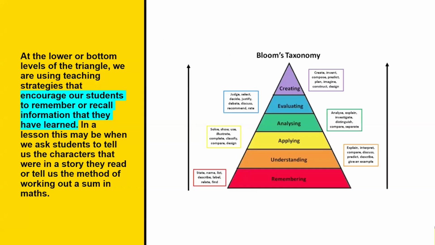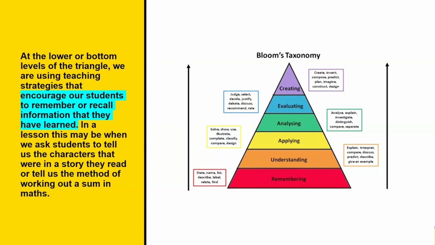Let's think of it as a ladder, as it is showing on our screen, with 6 rungs, where each rung represents a deeper level of thinking. It starts with remembering, and as it moves higher, it ends with creating.